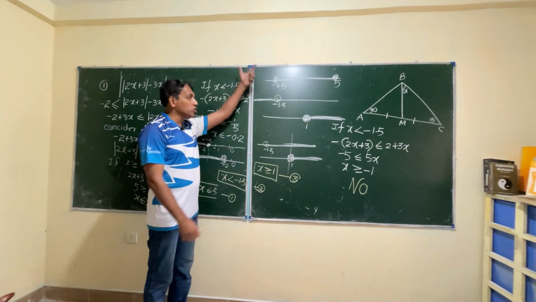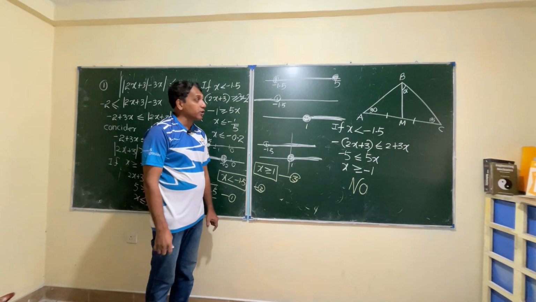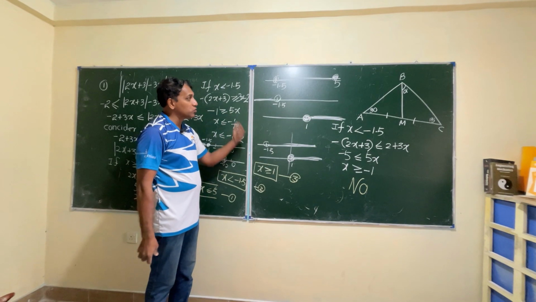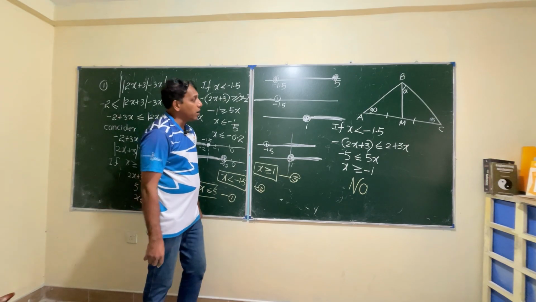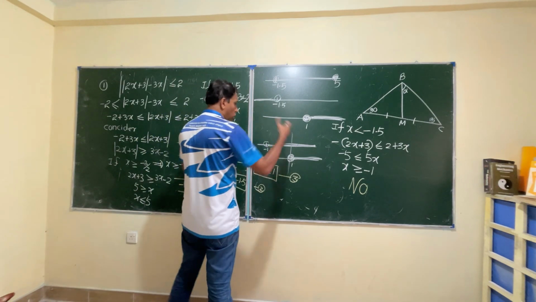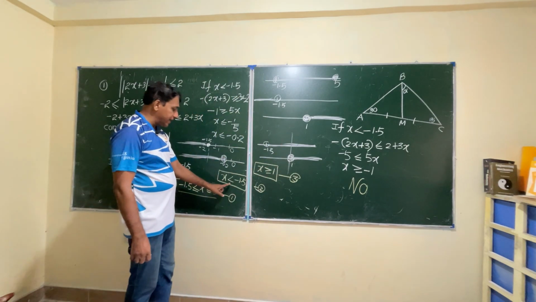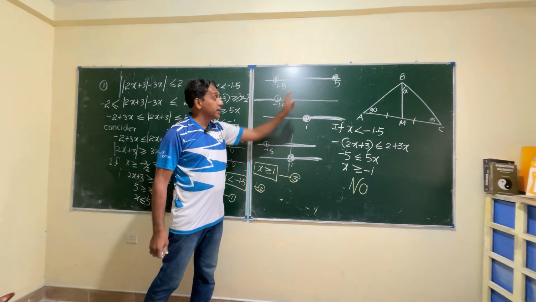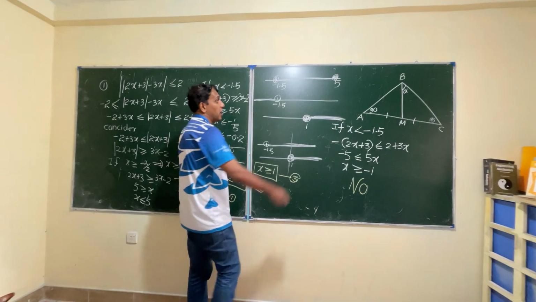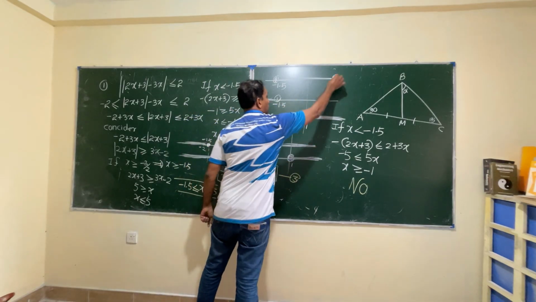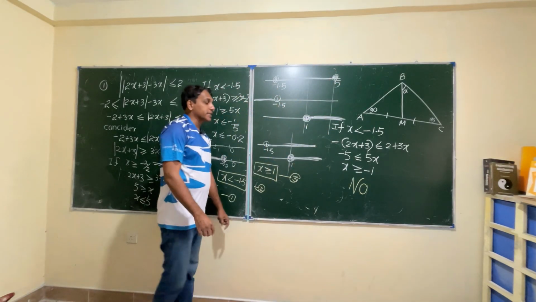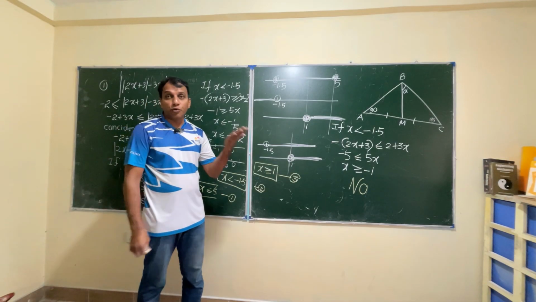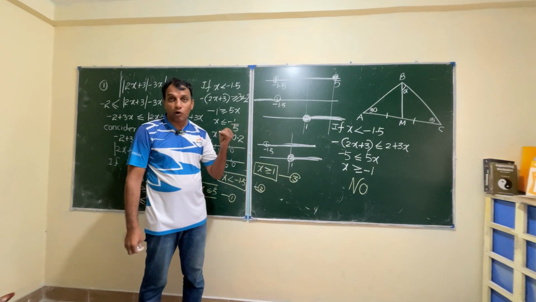See, all these three intersect; you have to consider the common part. So the whole problem: x less than minus 1.5, and the common part. On this region, the answer is 1 to 5: 1, 2, 3, 4, 5.